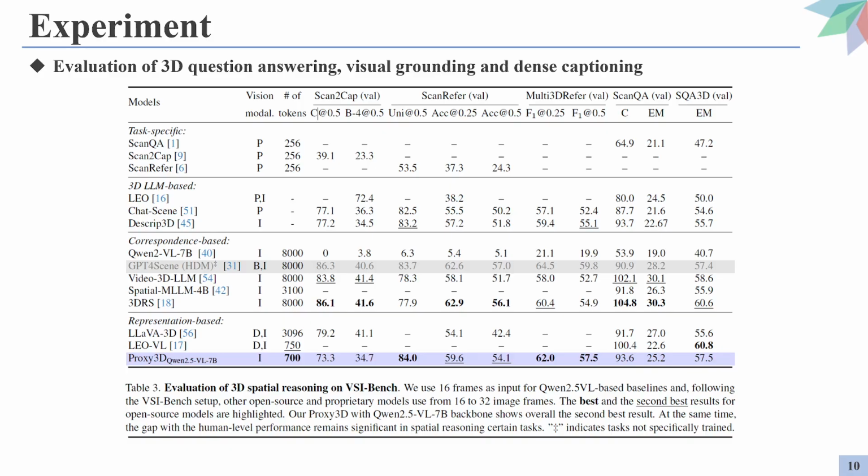In contrast, Proxy 3D uses only about 700 tokens. And despite this compression, it performs competitively on ScanQA and SQA3D and shows strong visual grounding results on ScanRefer and Multi3DRefer. However, its dense captioning performance on Scan2Cap is weaker than some correspondence-based methods, suggesting that compact proxy representations may lose some fine-grained descriptive details.